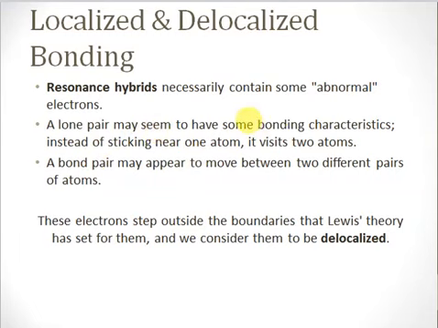So the lone pair on oxygen, in case the resonance hybrid is appearing, is also showing some bonding properties. So it's not only fixed on the oxygen atom, but it's also visiting some other atoms as well. And the bond pairs are moving between different pairs of atoms as well, right?